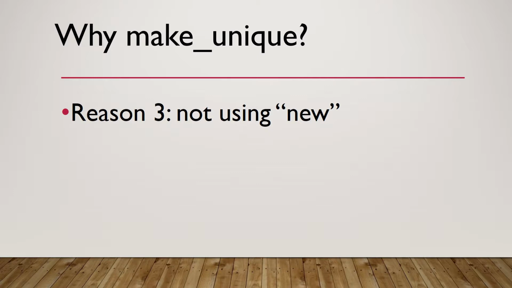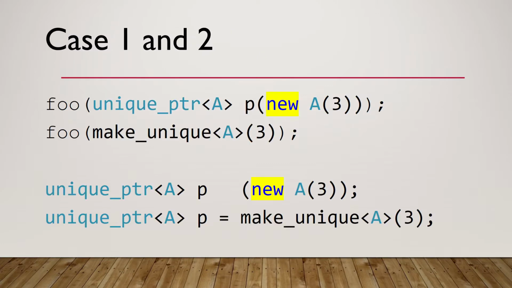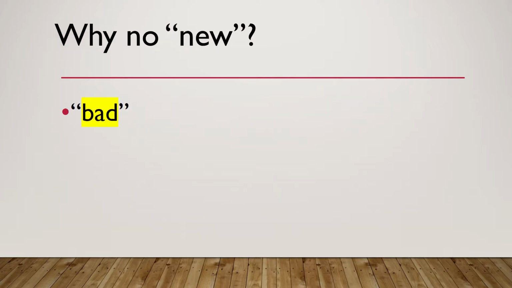Avoid using the keyword new. These are case 1 and case 2. In both cases, new is required if not using make unique. This comes down to a bigger topic. In modern C++ programming, try to avoid using new. Why?